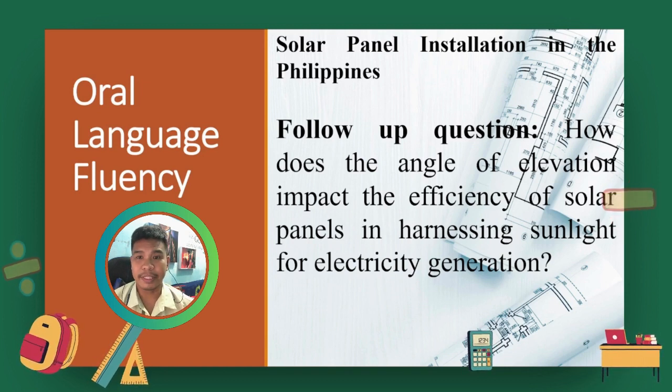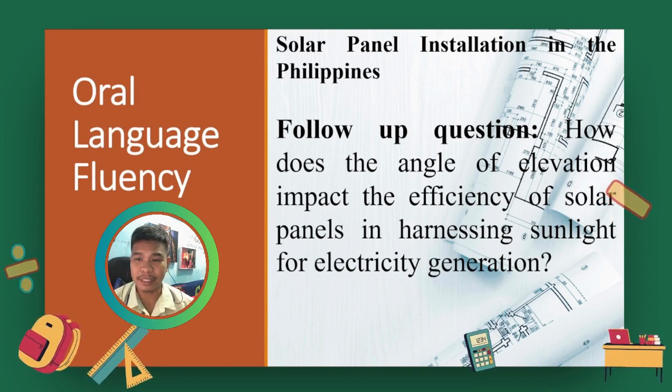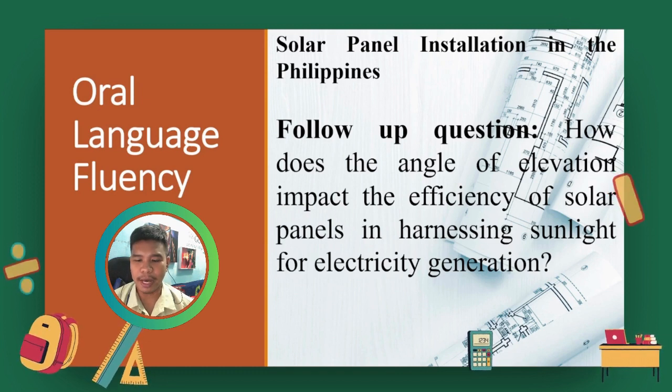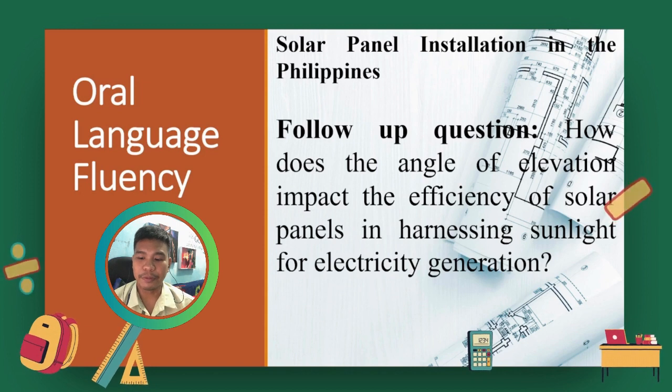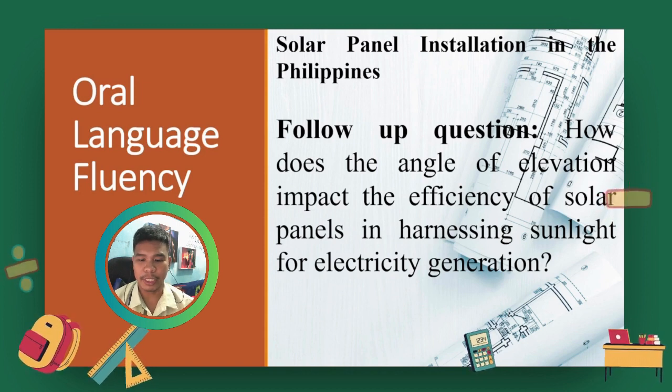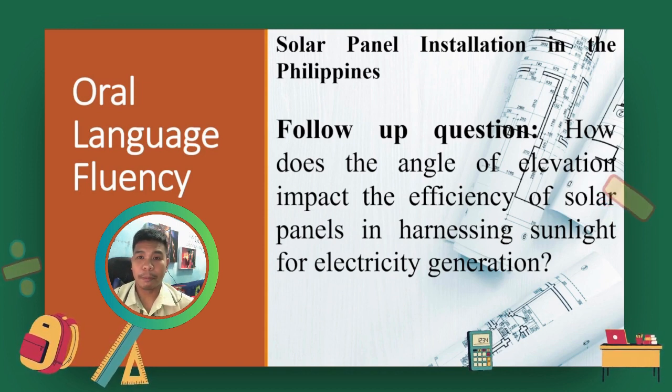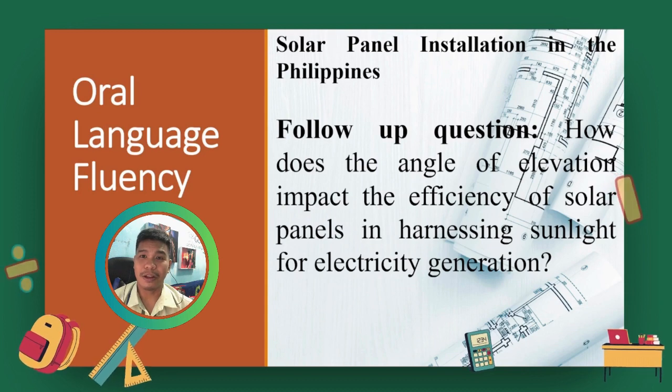They adjust the tilt angle to capture the maximum sunlight during peak hours, taking into account factors like roof slope and nearby shading. They secure the panels firmly to the rooftop, ensuring they face southward to align with the sun's path across the sky. And that's how we use solar panel installation at home.